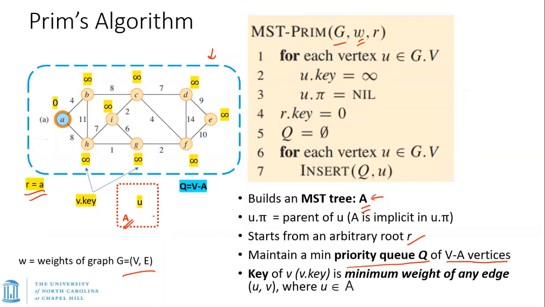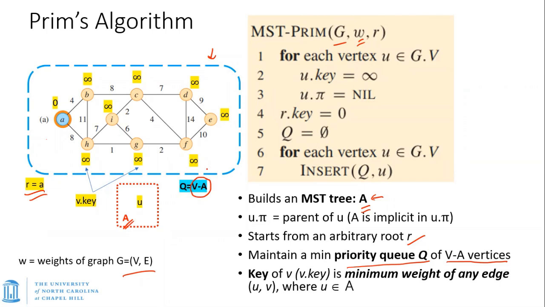Essentially we're going to slowly expand A so that it becomes a minimum spanning graph. And V minus A is going to be maintained as a minimum priority queue.